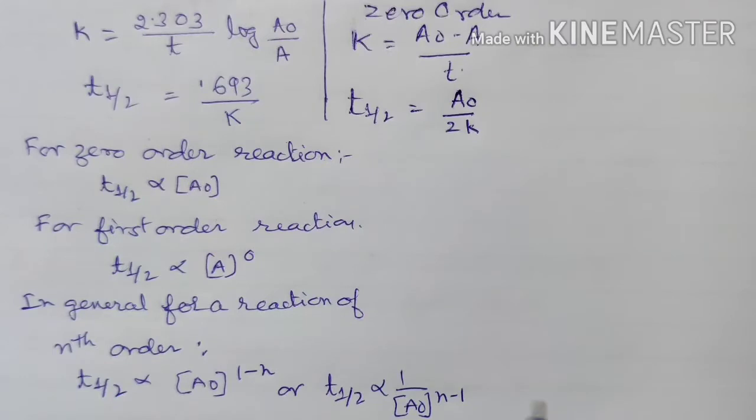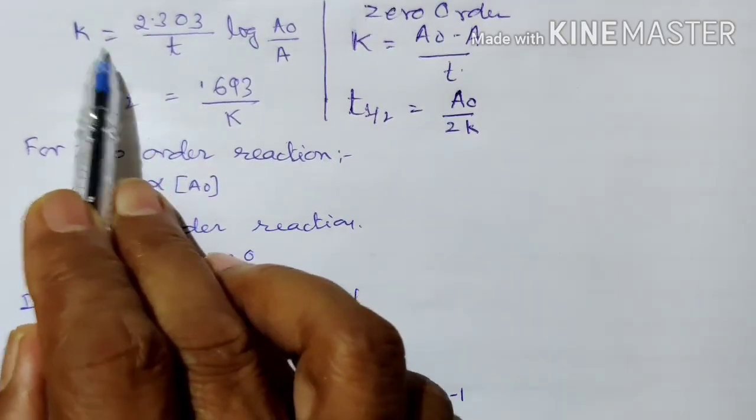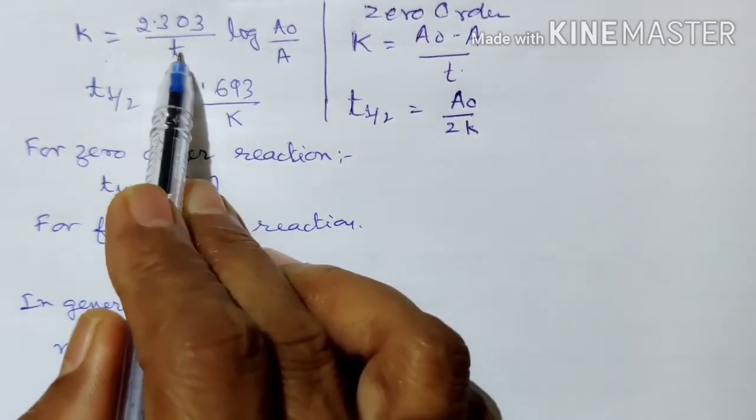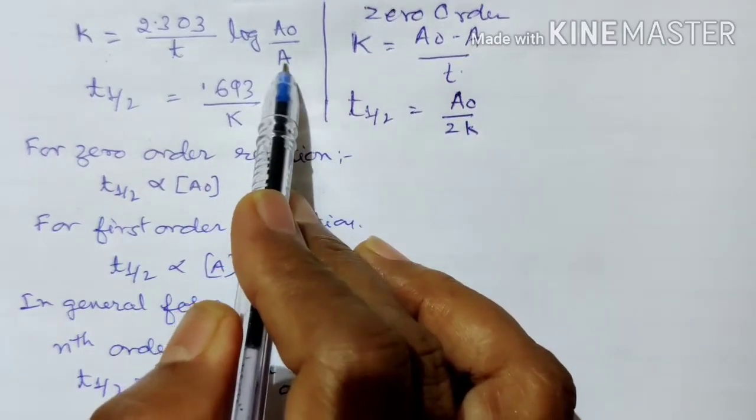Good morning, children. Now we'll study the first order reaction example, and then in the gas phase. Here you can see k is equal to 2.303 upon t log a0 upon a.